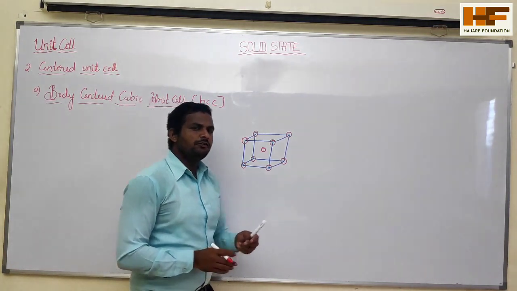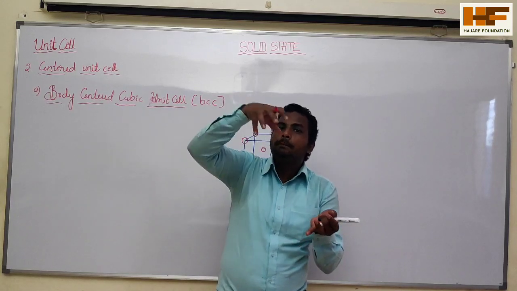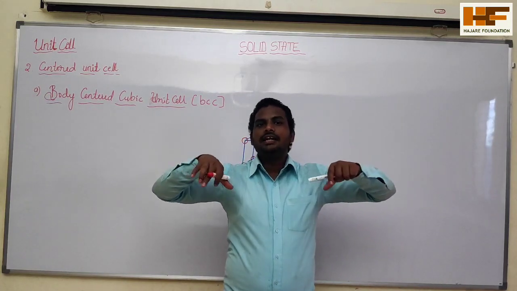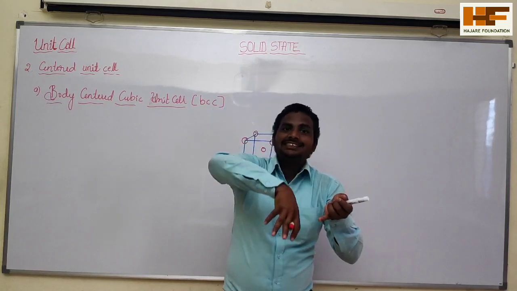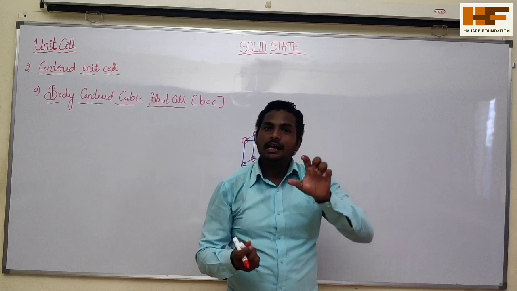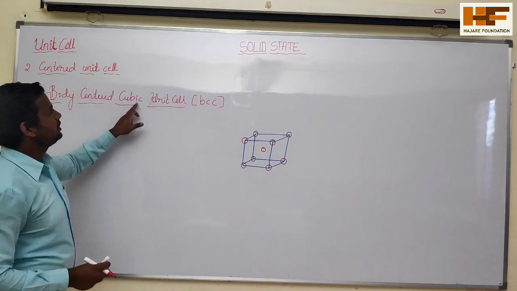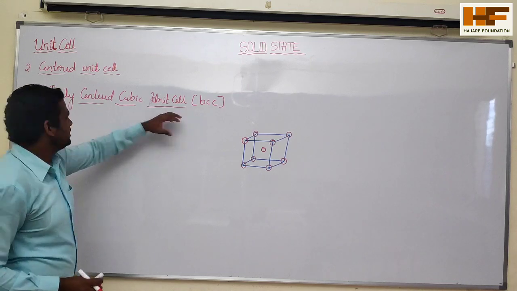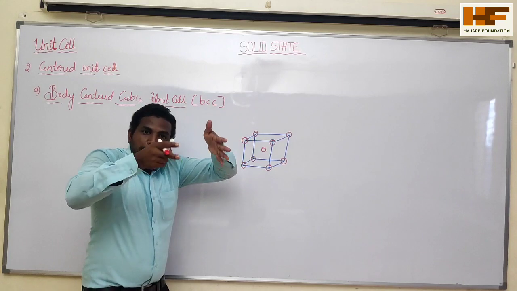So it means if you consider a square box, and in that box, all the balls are arranged in the corners, and one ball is placed inside that box, that type of unit cell we call a body centered cubic unit cell. So it means one constituent atom is present in the body.